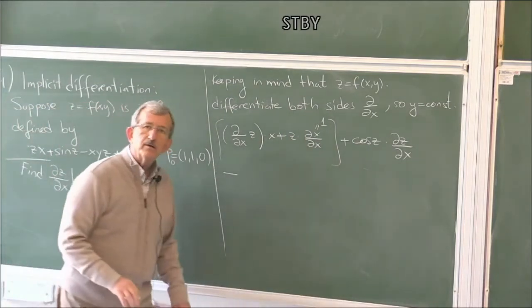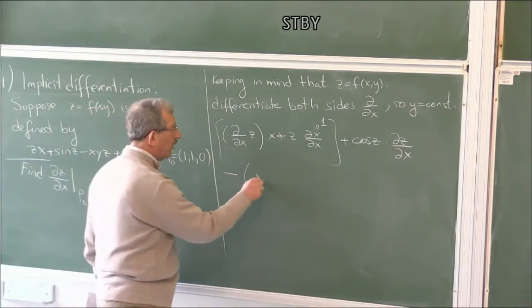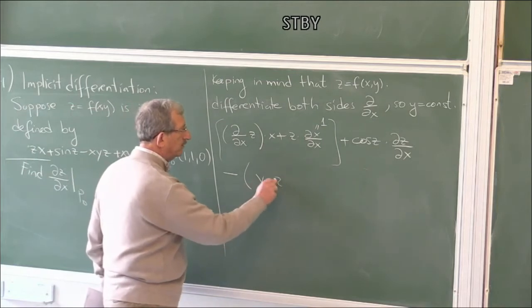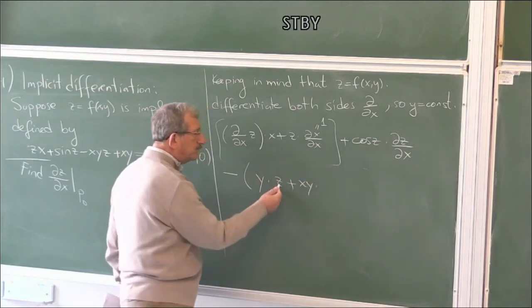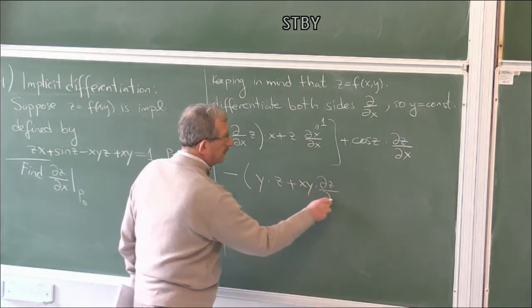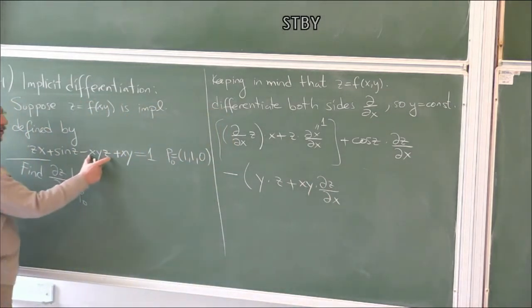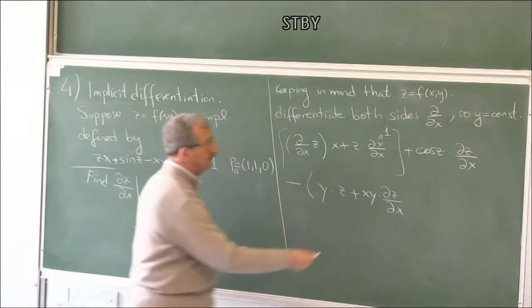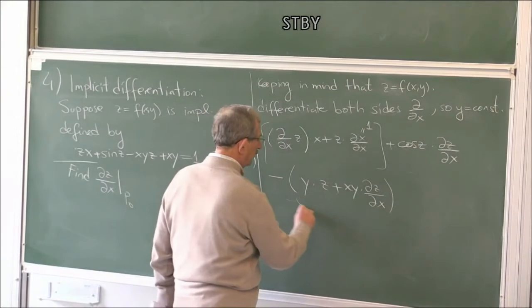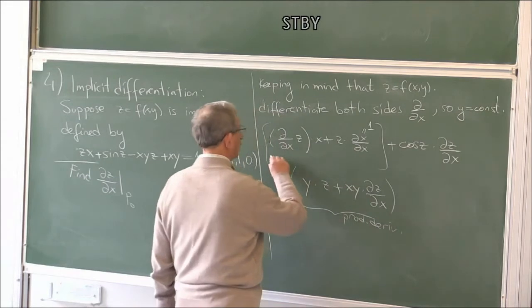Well, xy times z, and xy has a derivative, y, times z, plus xy times derivative of z. Of course, all these derivatives are taken with respect to x. So the derivative of xy with respect to x would be y times the second one. So it's again a product derivative. So these are all product derivatives.